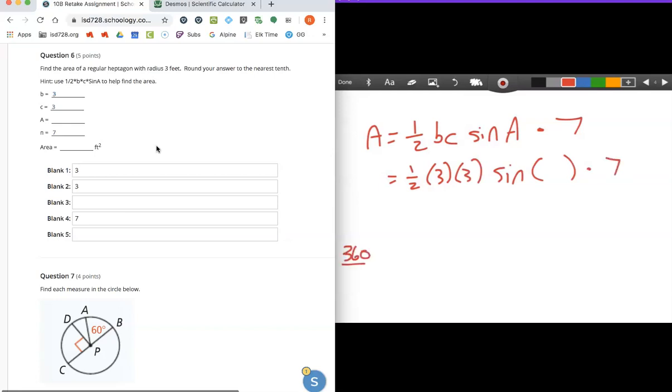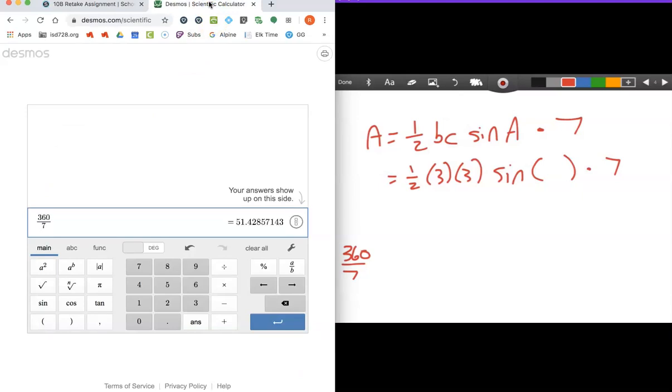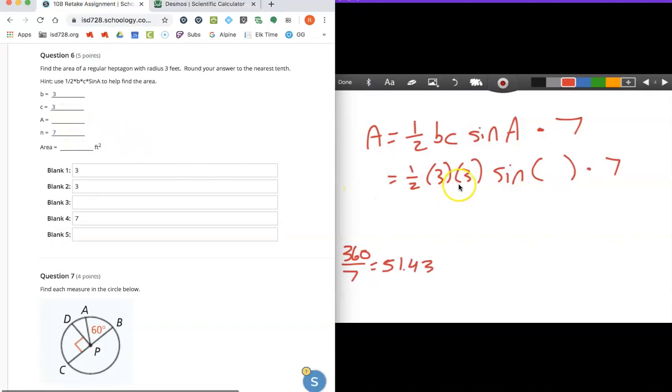A is 360 divided by how many sides there are. So 360 divided by 7, which is 51.43. And that's what we're going to put into the calculator in just a second. It does say nearest tenth again, so I'm going to put it in there as 51.4.